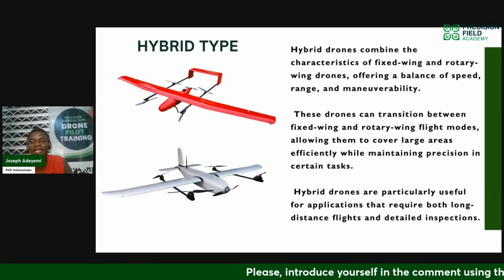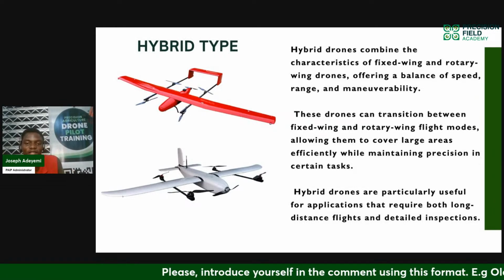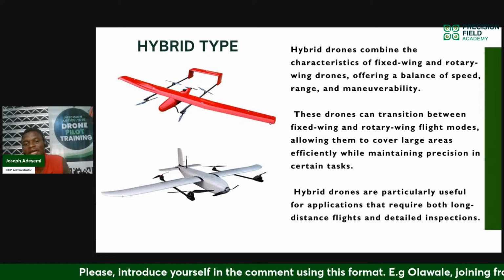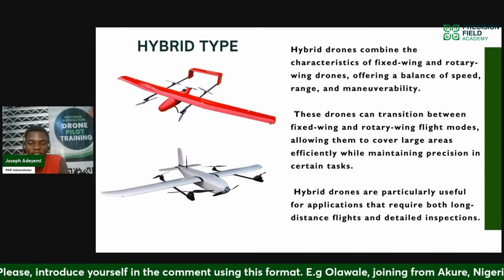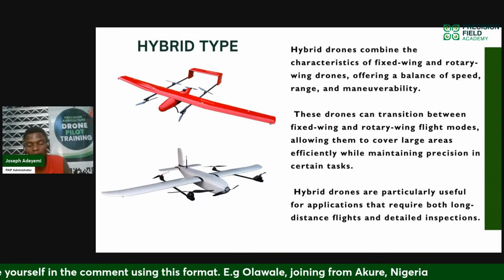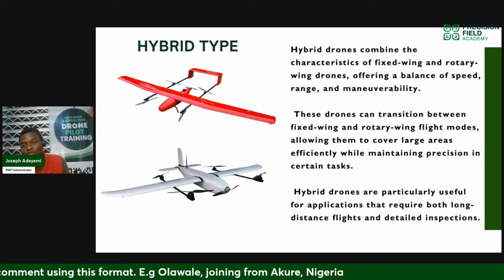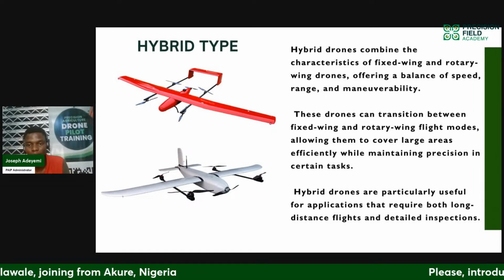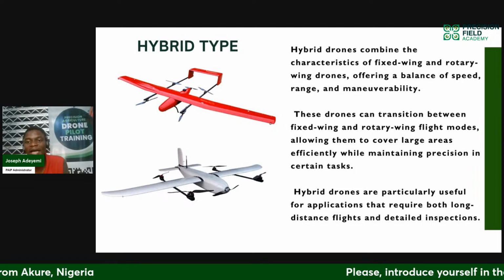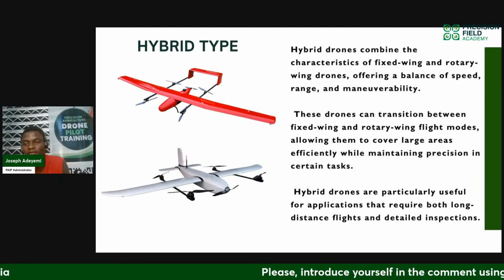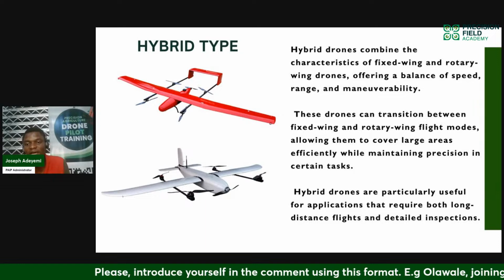So we have the hybrid class. The hybrid class, like I said, combines both the fixed wing features and the VTOL features. The multi-rotor and the fixed wing combining into itself is what forms the hybrid. Hybrid drones combine the characteristics of fixed wing and rotary wing, offering a balance of speed, range, and maneuverability.